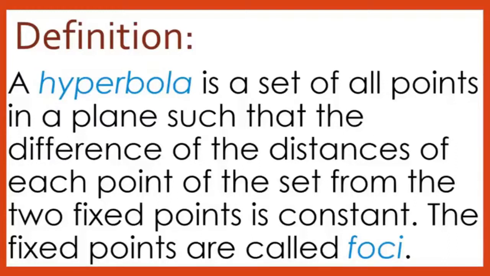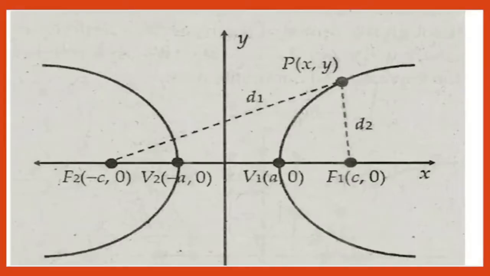So, to better understand the definition of a hyperbola, I have here the illustration of a hyperbola. Now, if we have point P, which has the coordinates of x, comma y, and we're going to determine the distance of this point P from f sub 2 or focus 2 of the hyperbola, and the distance of this point P from the other focus f sub 1, and we're going to call that distance as d sub 2.